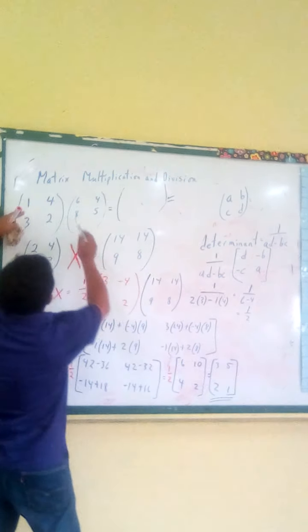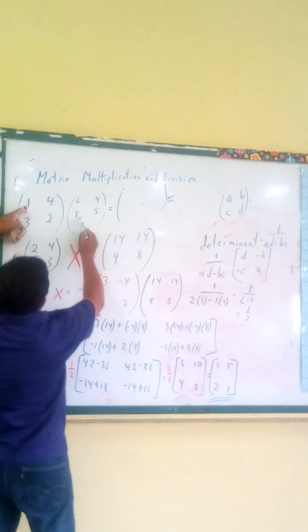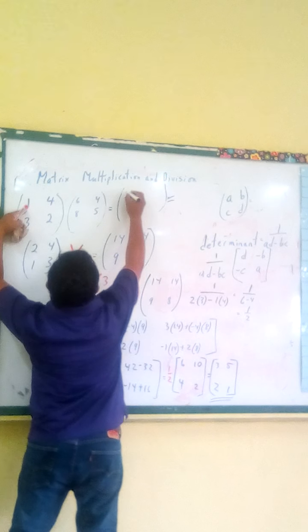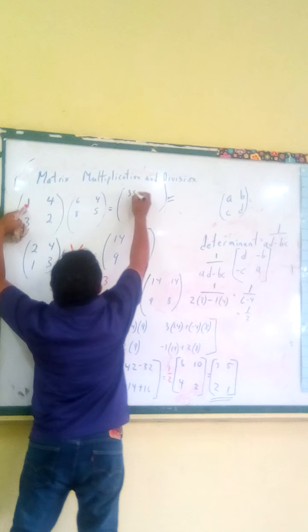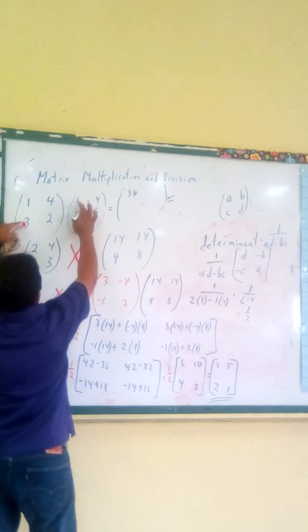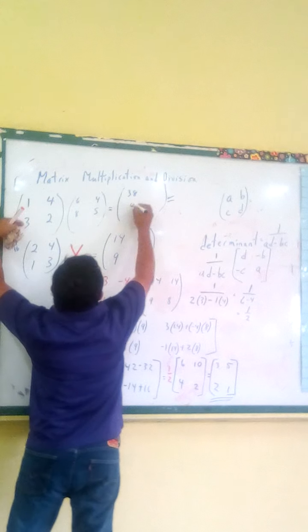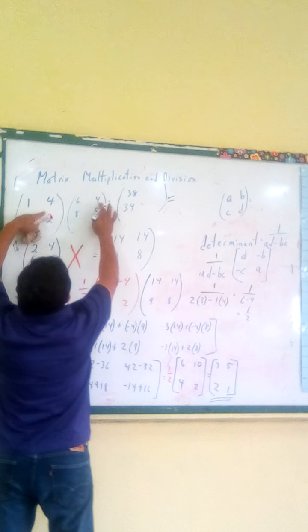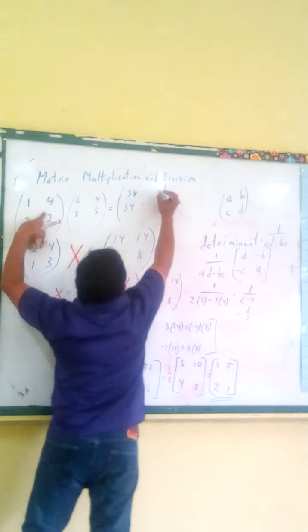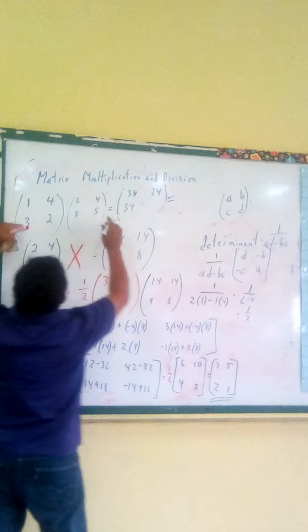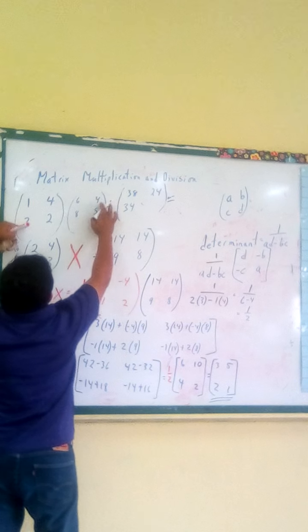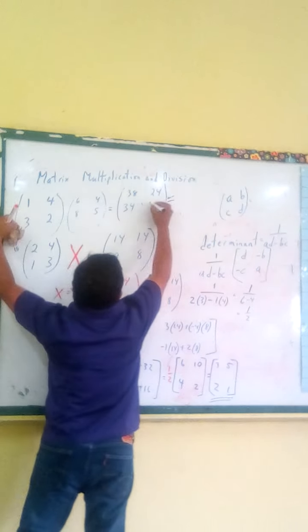So we multiply this out: 6 and 32 gives us 38. Then 18 and 16 gives us 34. 4 and 20 gives us 24. 12 and 10 gives us 22.